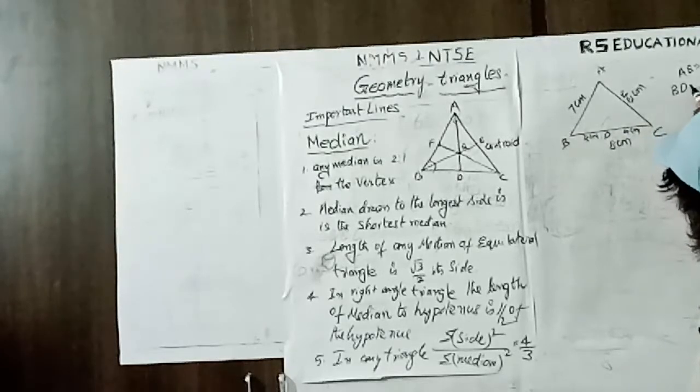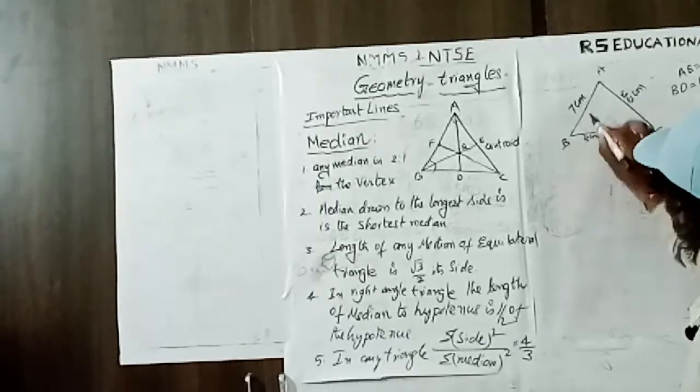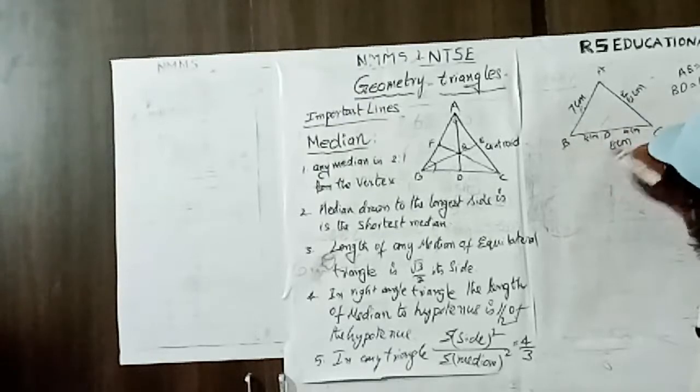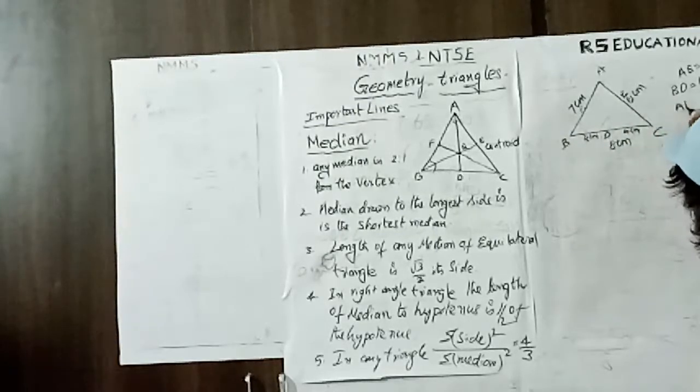BD is equal to DC is equal to 4 centimeters, and F is the midpoint of AB, so AF is equal to FB is equal to 3.5 centimeters. So D, E, F are the midpoints of the sides BC, CA and AB respectively.